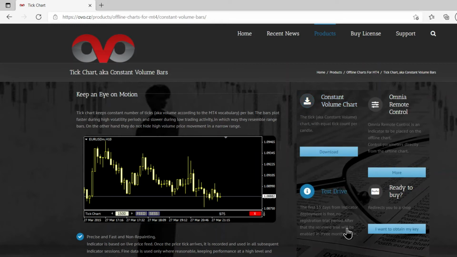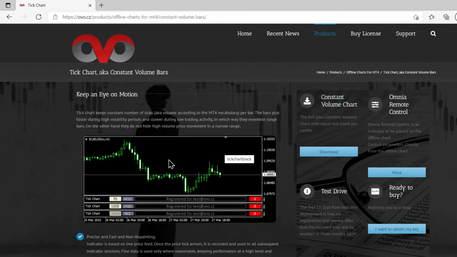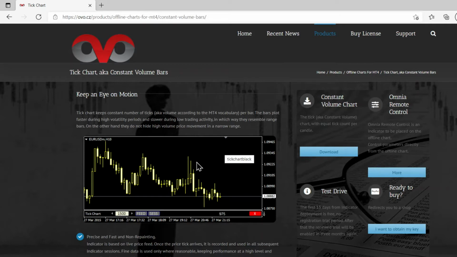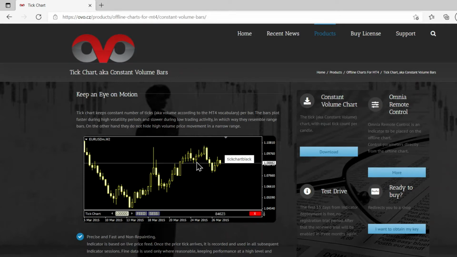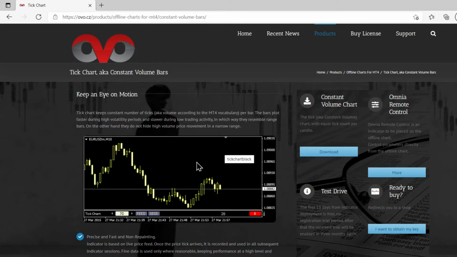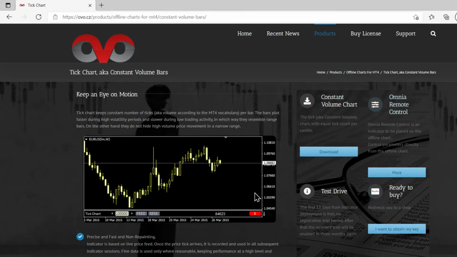It has a test drive for 15 days also. So we will use this indicator for our examples, and we will start from scratch, setting up the indicator and then comparing the two different charts.